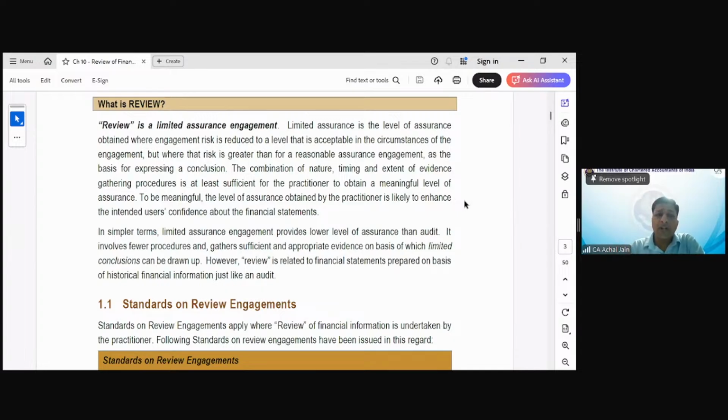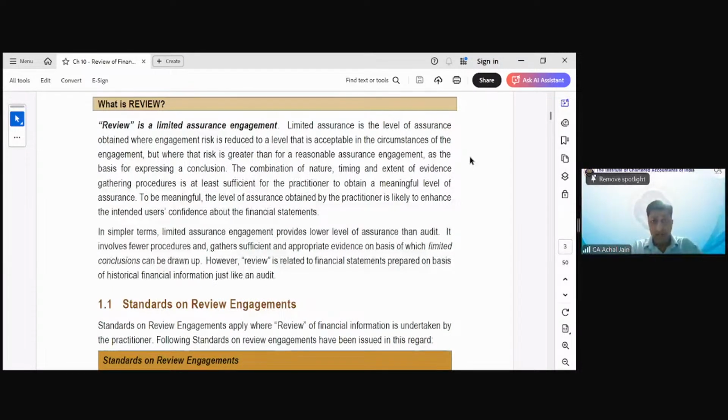So in case of audit, what type of assurance does the auditor provide? Reasonable assurance. So from absolute assurance, the auditor has already brought it down to reasonable assurance, and that reasonable assurance happens to be a high level of assurance. Now that is further brought down.